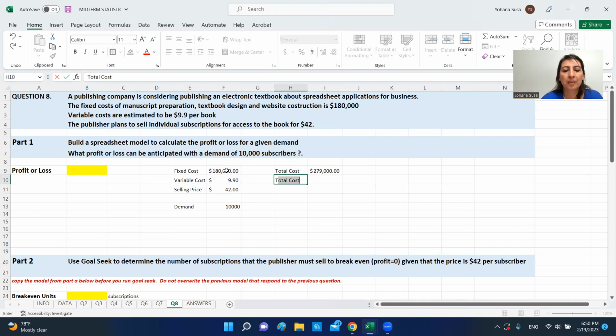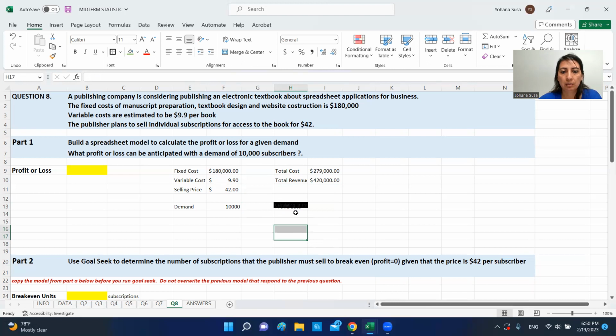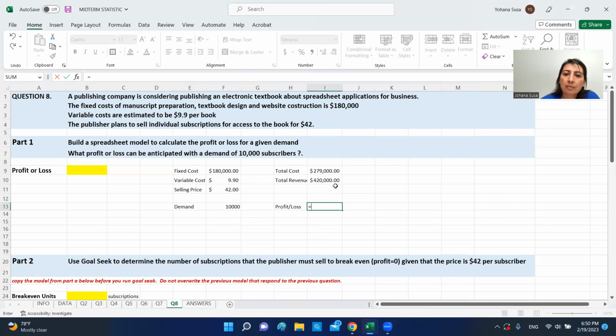Okay, now what is my total revenue? It will be equal to the demand times the price that I'm selling it for. Now my profit or loss will be found by deducting, so subtracting my expenses from my revenue.